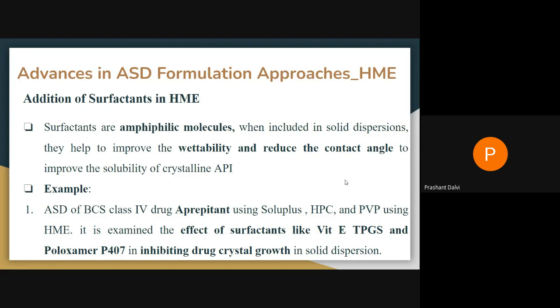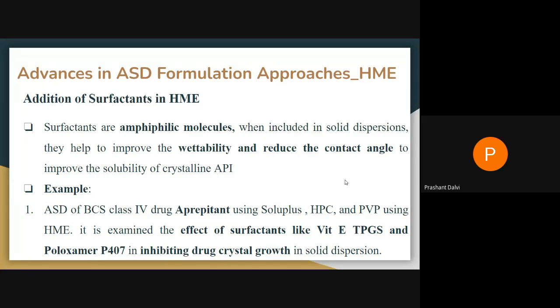When you add a surfactant into the formulation, it helps to increase wettability and reduce the contact angle, to improve the solubility of the crystalline API. For example, amorphous solid dispersions of aprepitant using Soluplus, HPC, PVP can be prepared using hot melt extrusion, and the effect of surfactants on these particular formulations was also examined.